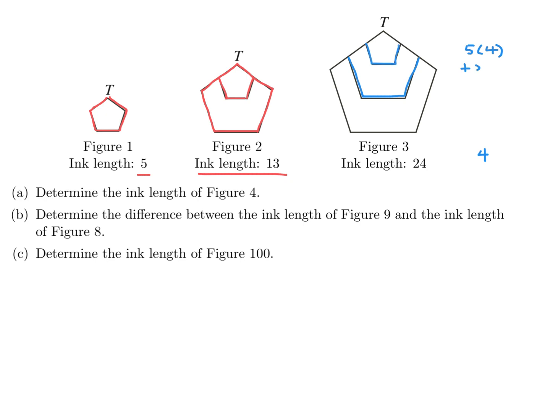So 3 of length 3, and then 3 of length 2, and then 3 of length 1. I believe that is how you do it. So that's 20 plus 9 plus 6 plus 3. Sorry, that's 38. Okay, so that takes care of that one.